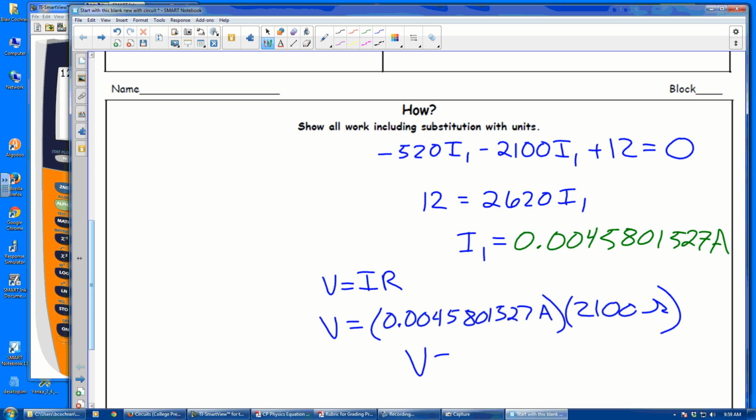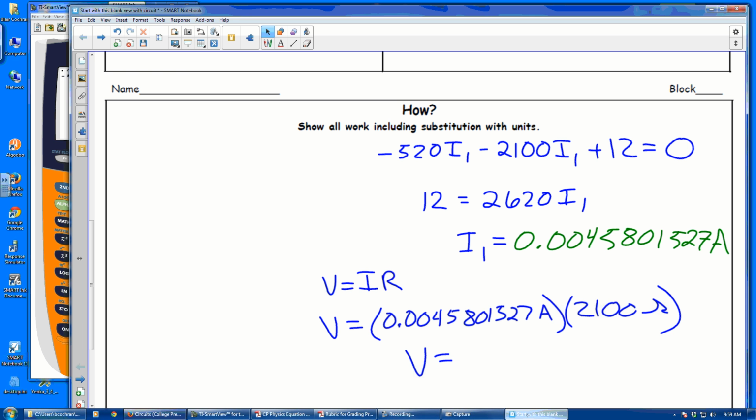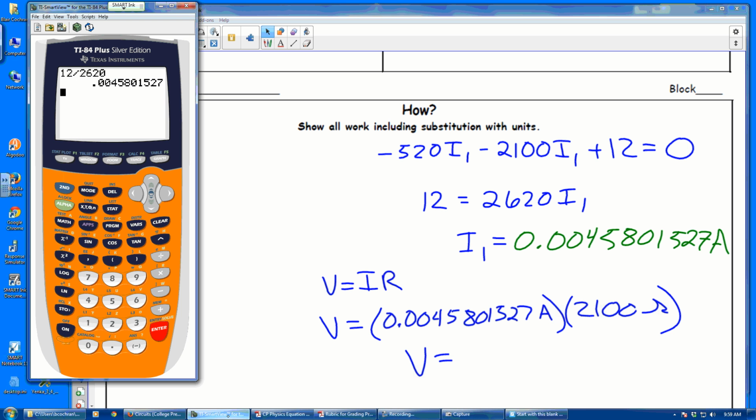And I get, because they asked me about the 2100 resistor, I could figure out the other one and then subtract them, right? But I do the next method. So I get 9.62 volts.